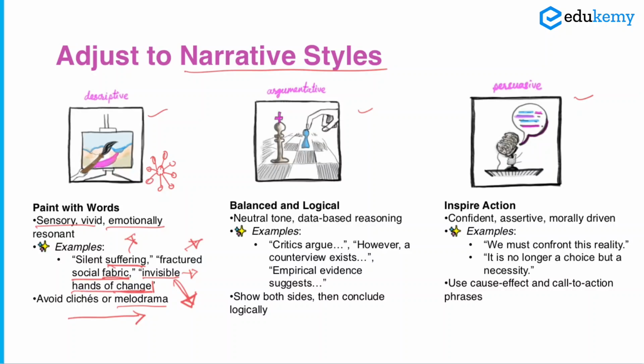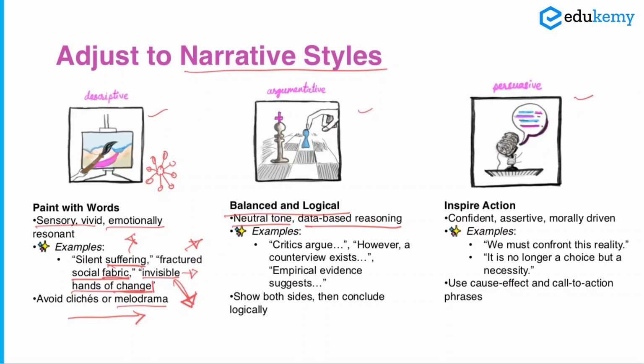For argumentative, we must always be balanced and logical. We cannot afford to get into the emotional territory too much, and we must use a neutral tone and data-based reasoning. Facts, examples, these are extremely important. A lot of us have seen students struggle with communicating the reverse counterpoint.